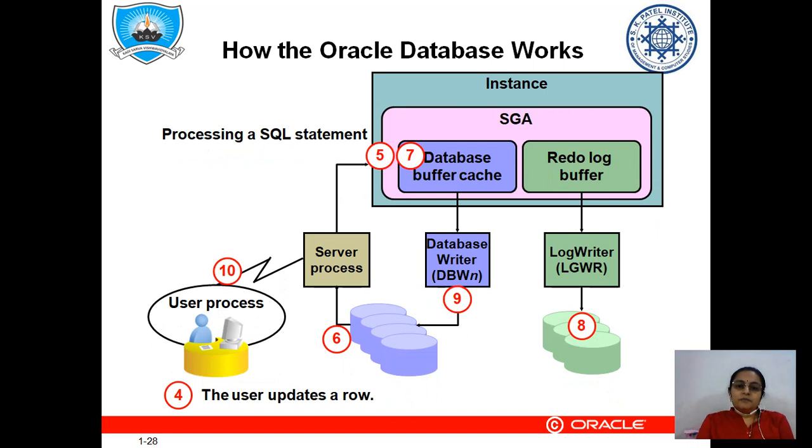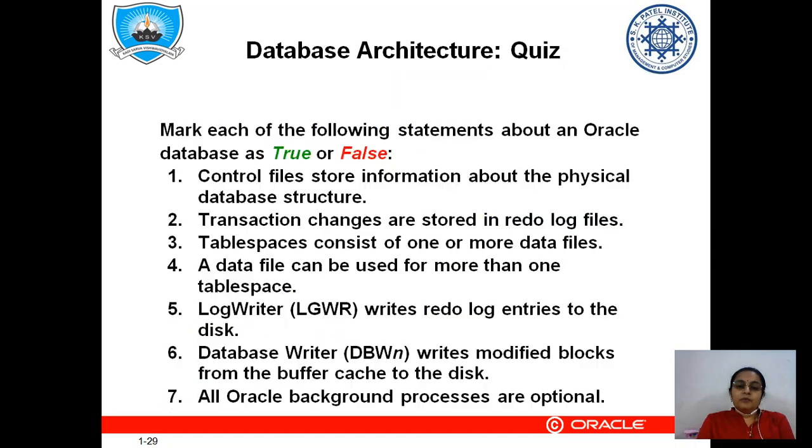As the user updates or performs any transactions, the server process takes that transaction to the buffer cache area, and the buffer cache requests the database writer, and the database is updated in the data files. In parallel, the redo log buffer is written into the redo log file using the log writer process. The user is then acknowledged that the SQL has been completely executed on the database system. So this is very important to understand.